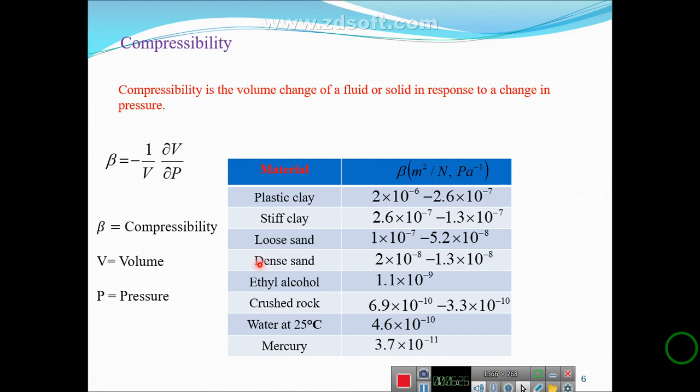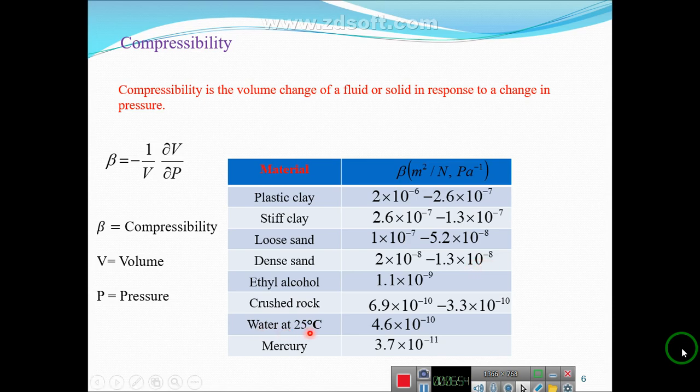For example, for dense sand, the compressibility varies between 2 times 10 to power of negative 8 and 1.3 times 10 to power of negative 8.